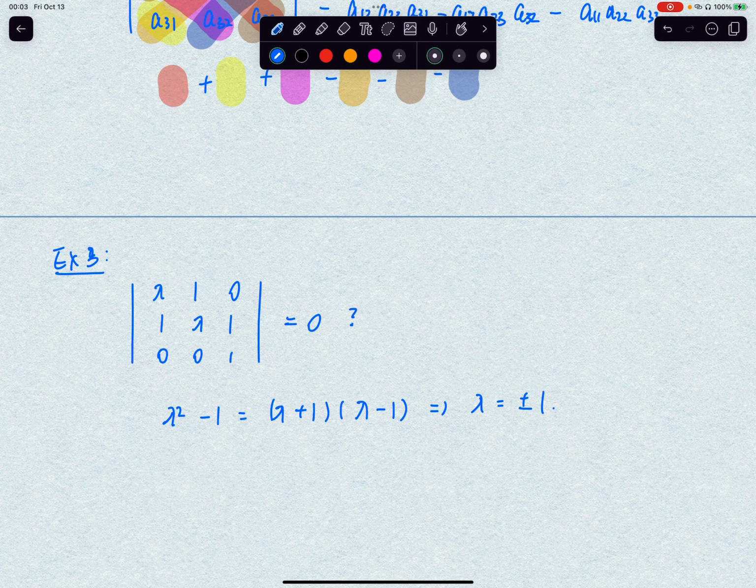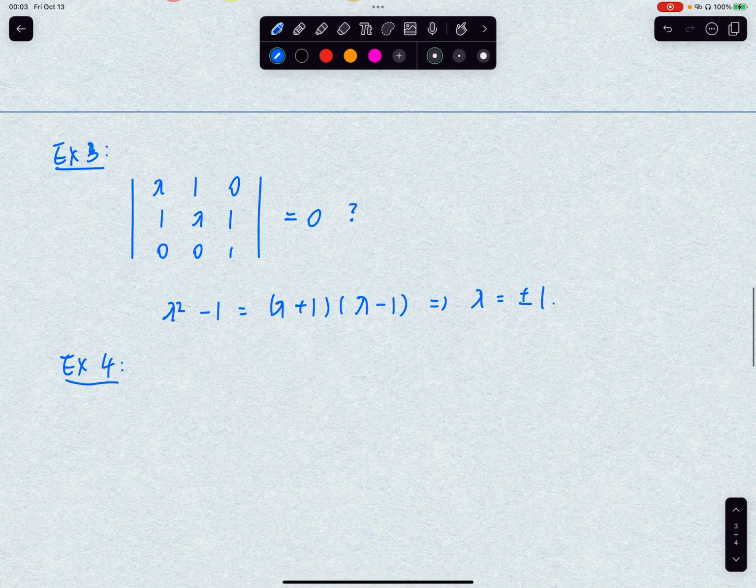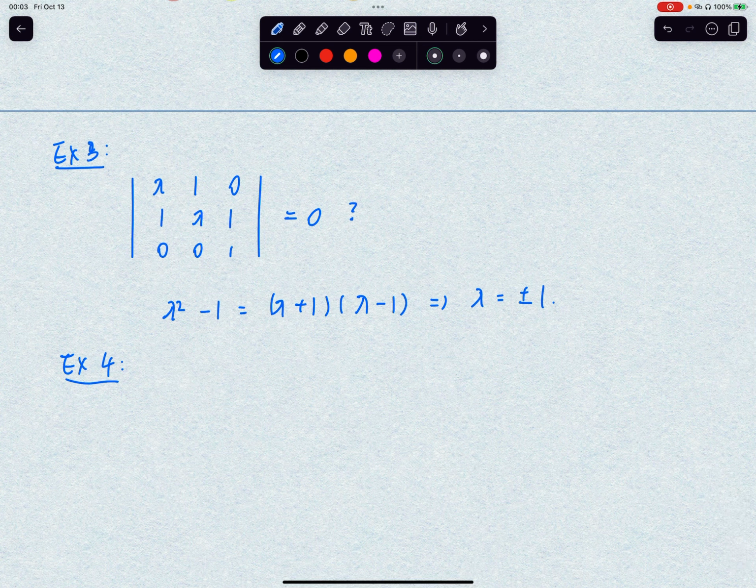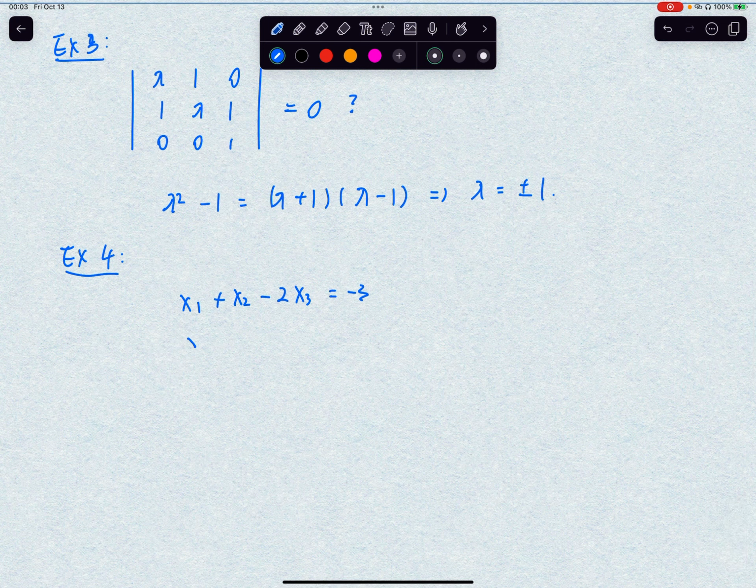And similarly, we can use this to solve a 3 by 3 linear system. So, for example, we have x1 plus x2 minus 2x3 equals minus 3, and 5x1 minus 2x2 plus 7x3 equals 22, and 2x1 minus 5x2 plus 4x3 equals 4.